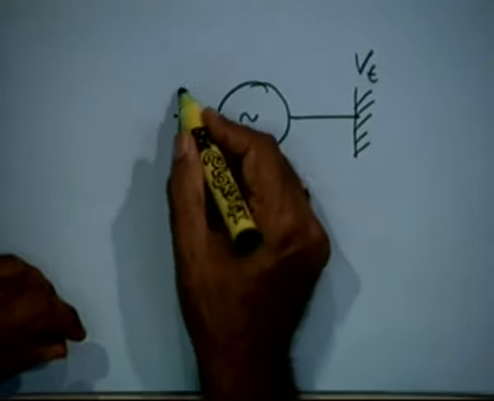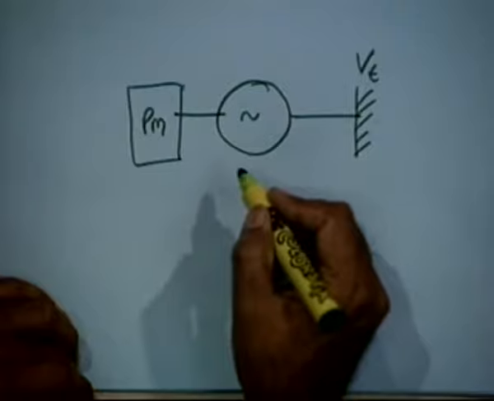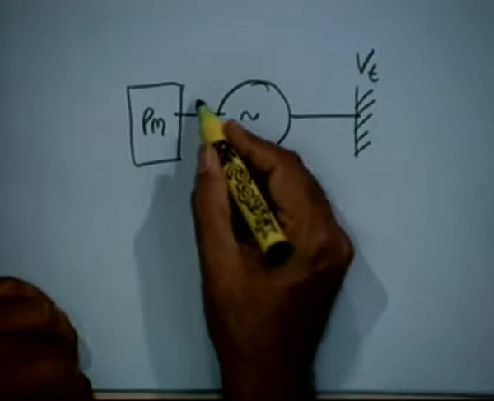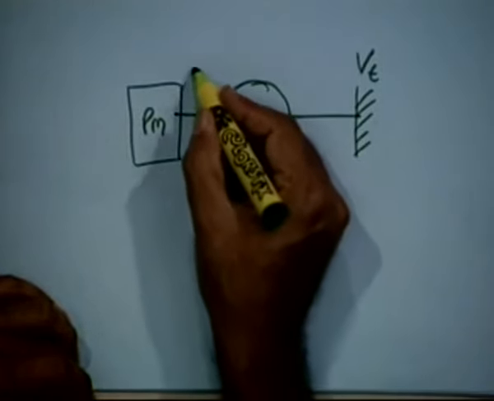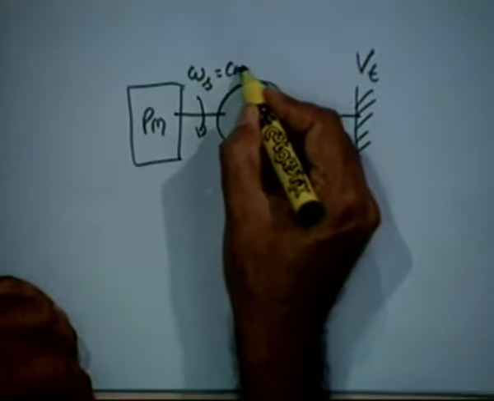But this may have either a prime mover or a load, depending upon whether it is a motor or a generator. Now you are maintaining the speed constant, let us say omega synchronous is constant.